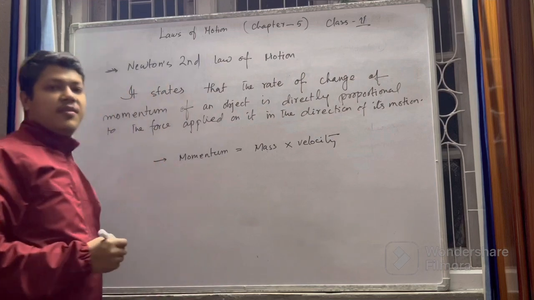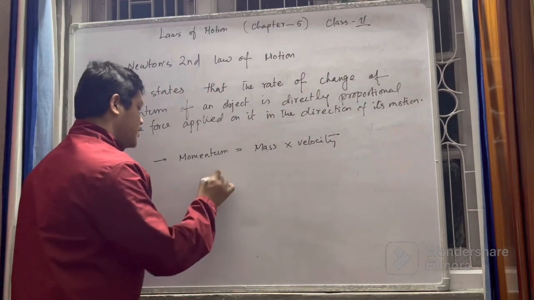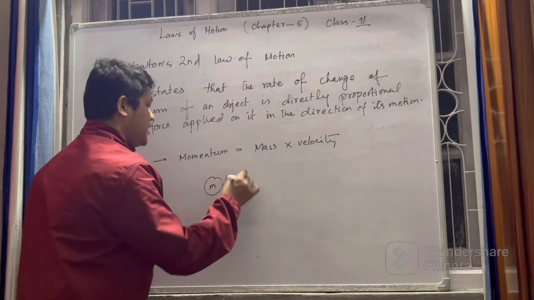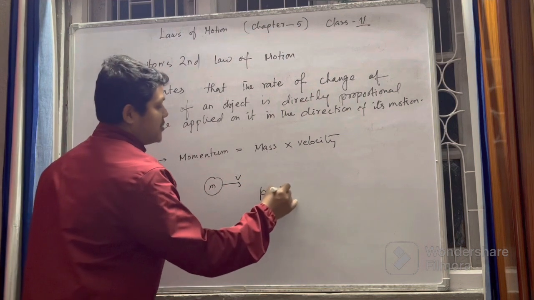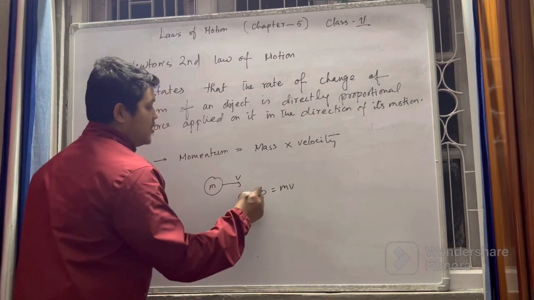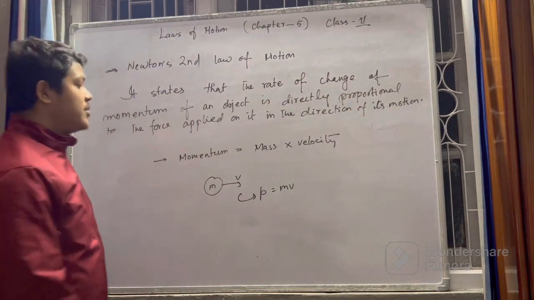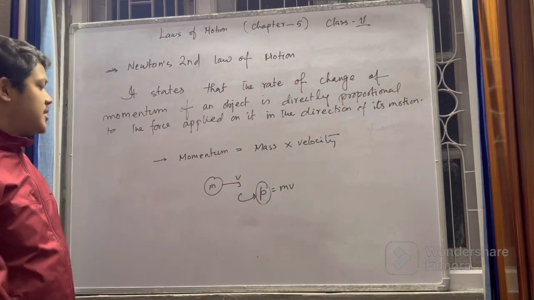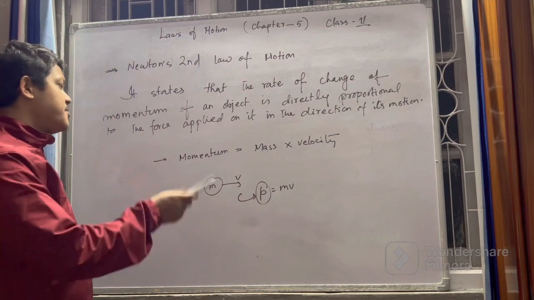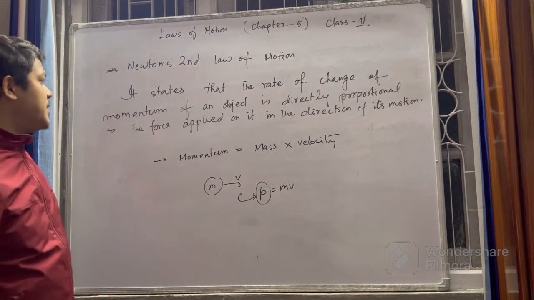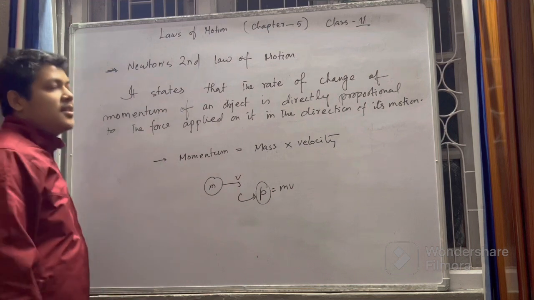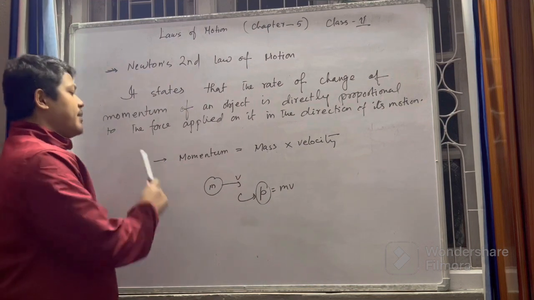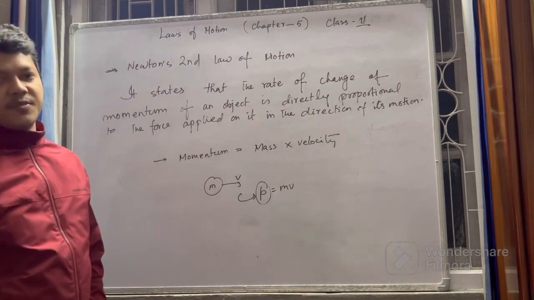Suppose this is an object of mass m moving with velocity v, then its momentum p is equal to m into v. We denote momentum with the letter p. So hope you have understood this. The rate of change of momentum of an object depends on the force. It is directly proportional to the force applied on it in the direction of its motion.